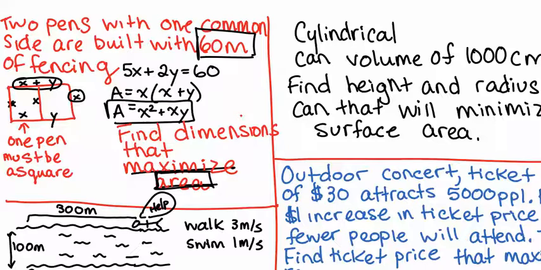If we isolate y from the perimeter equation, we can replace this y with something different. So 2y equals 60 minus 5x, and if I divide everything by 2, I get y equals 30 minus 2.5x. Now I can substitute this in for y.